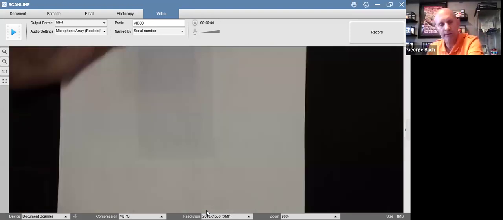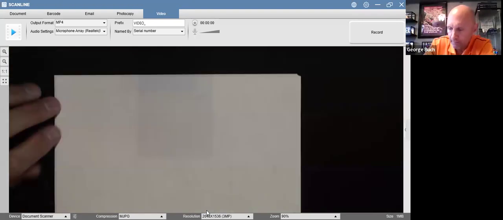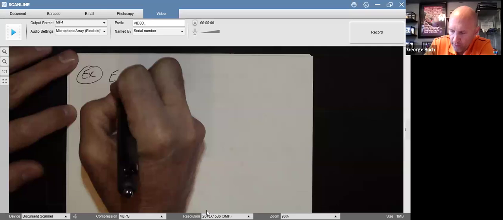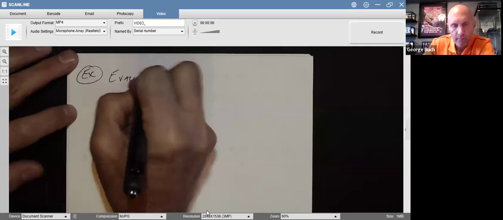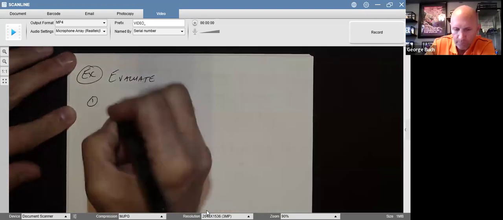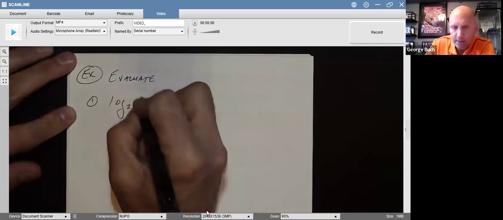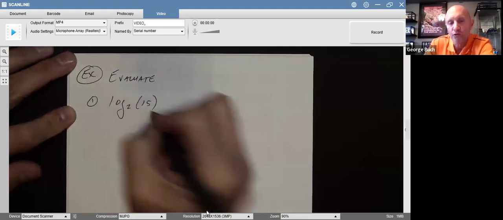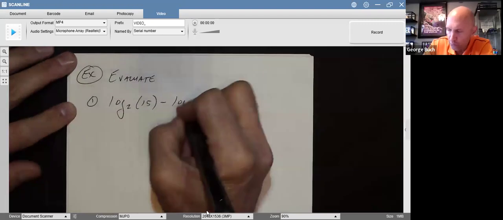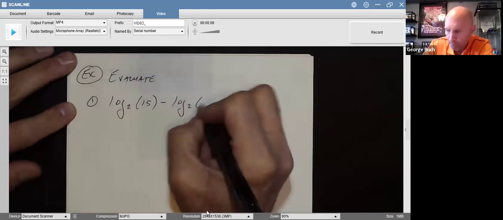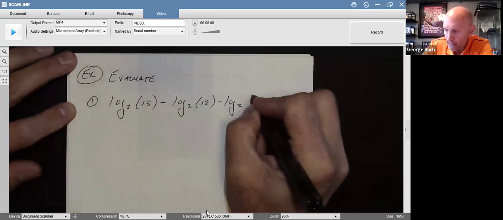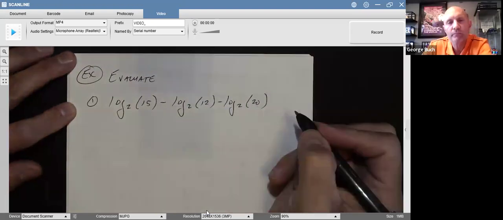All right, next. We want to evaluate log base 2 of 15 minus log base 2 of 12 minus log base 2 of 20. So this is what we had before, just one piece, but now we have more terms.